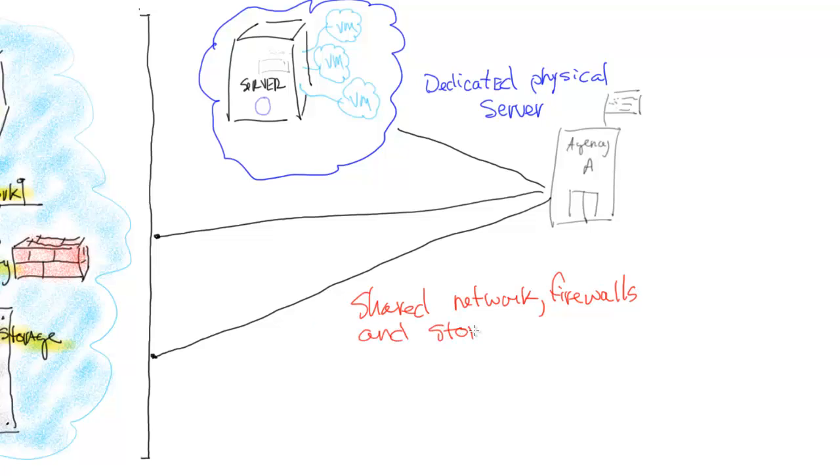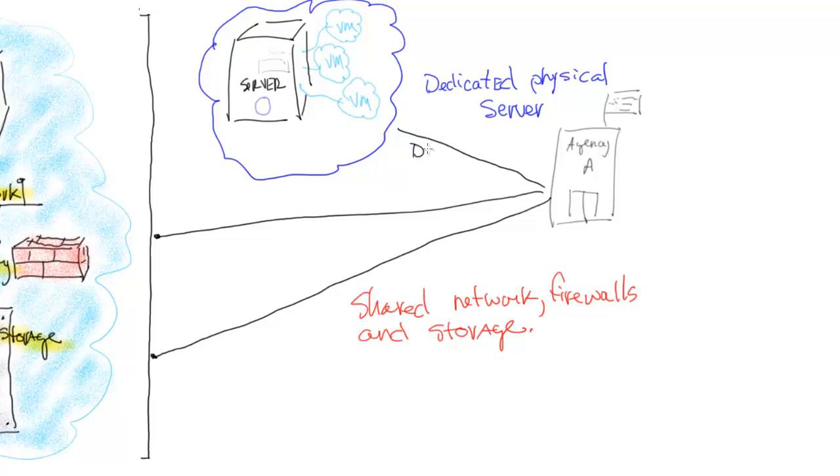You can have the components, excuse me, you can have the server as a dedicated physical server, absolutely, no doubt about it, in the cloud. But things like networks, firewalls, and storage, all of those components are shared within the infrastructure.